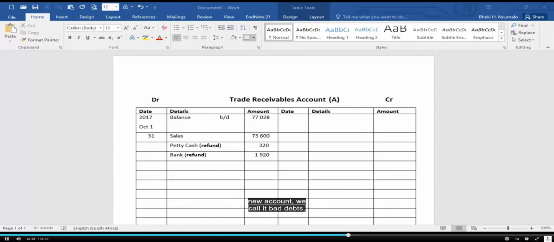But in the current month of October that we are busy dealing with, they pay the business. But we won't consider this person as a debtor anymore, we call it bad debts recovered. So in other words, it's an income to the business. It's not affecting the trade receivable account. It's no more a debtor.